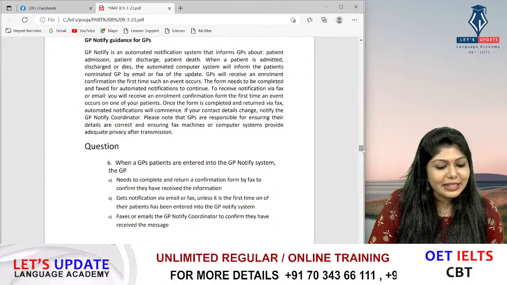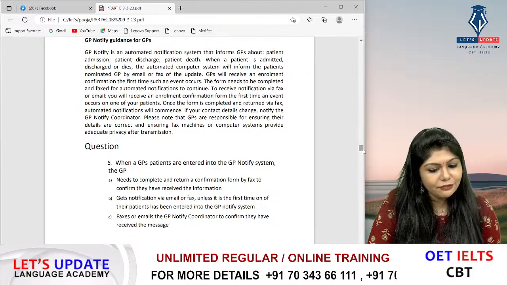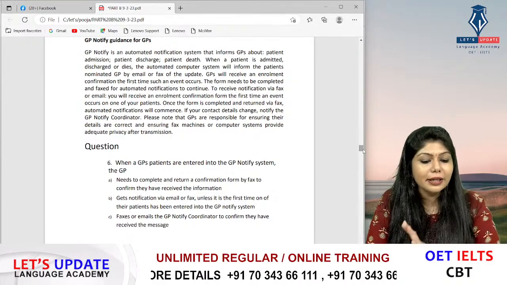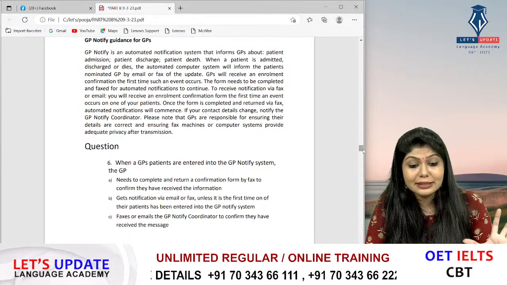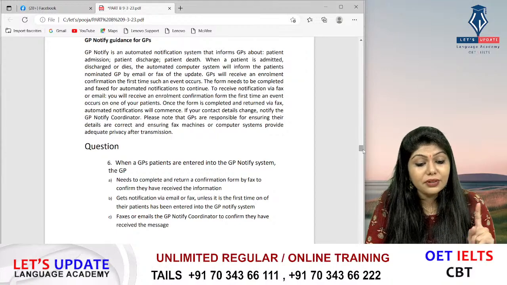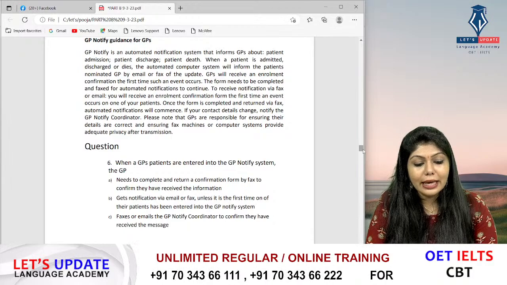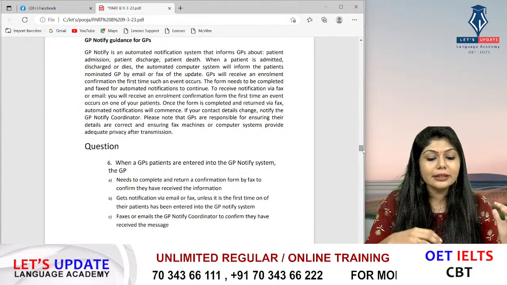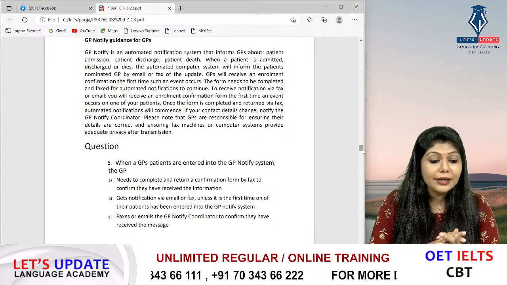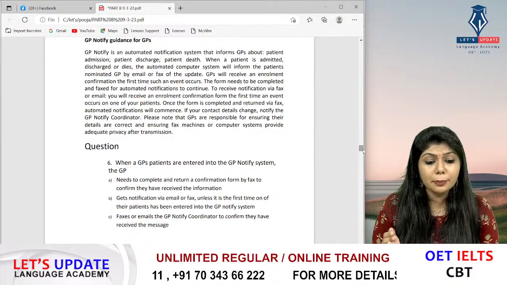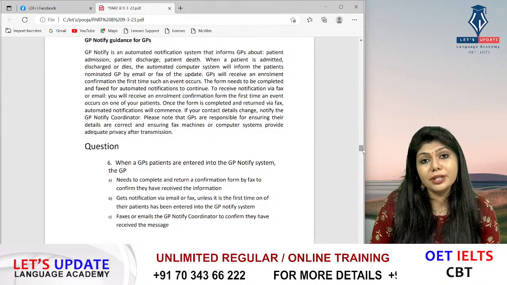So option A is: needs to complete and return a confirmation form by fax. Definitely the GPs need to complete and return a confirmation form by fax. That is correct. But then: to confirm they have received the information. They have not mentioned that they have to return the confirmation form in order to confirm that they have received the information. It is not for that purpose that they have to return this confirmation form.